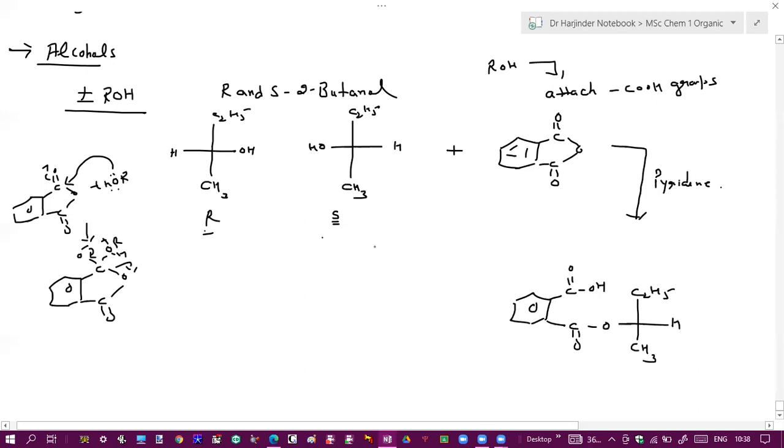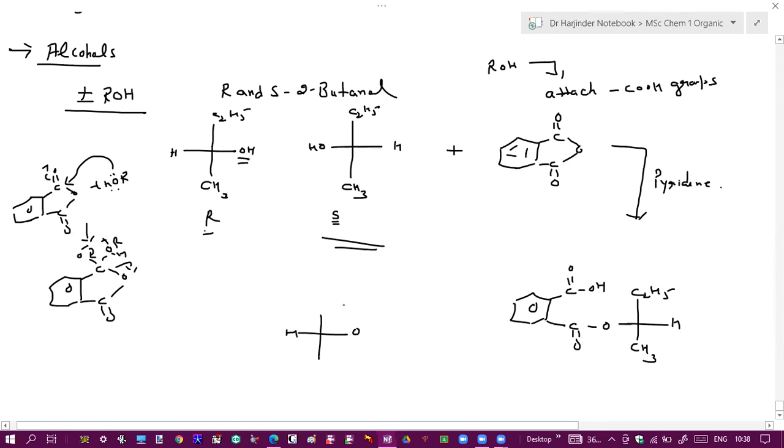I have written this one here, and to this other one also, this OH will also react with this carbonyl group, and it will also become a half ester. Why half ester? Because at the lower part you get the ester, and at the upper part you have a carboxylic group.